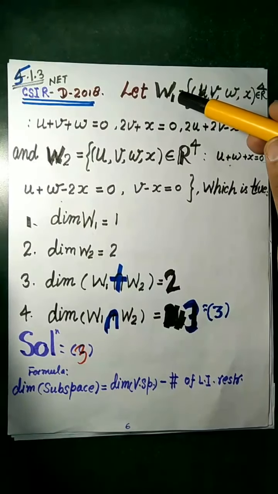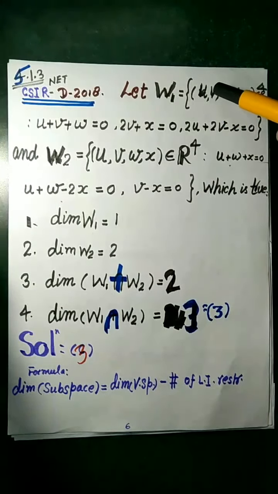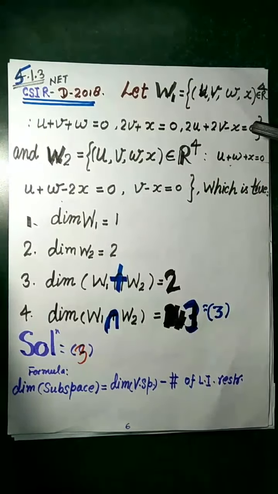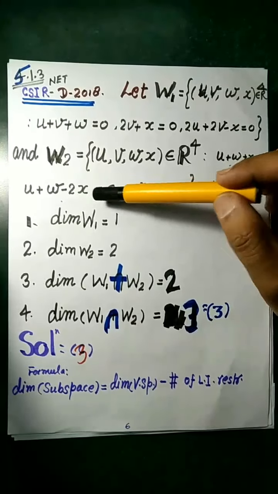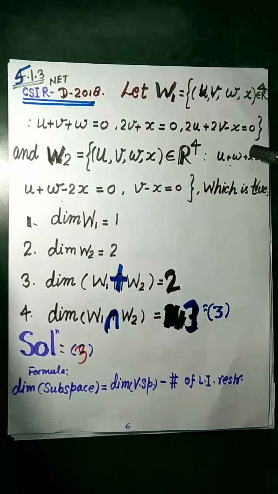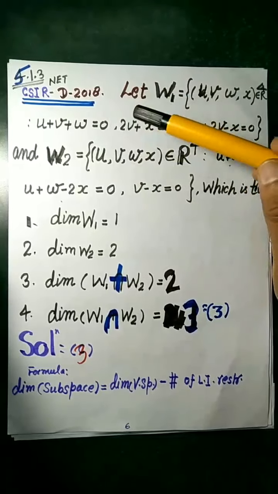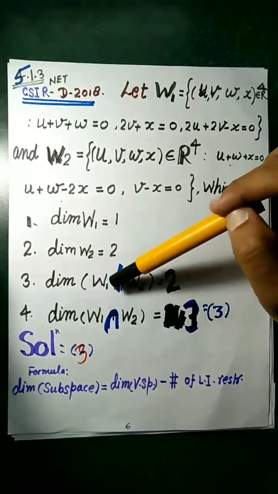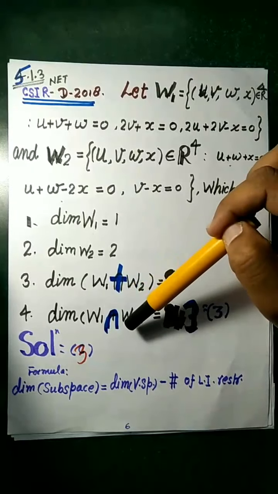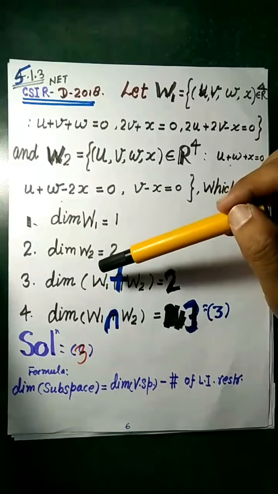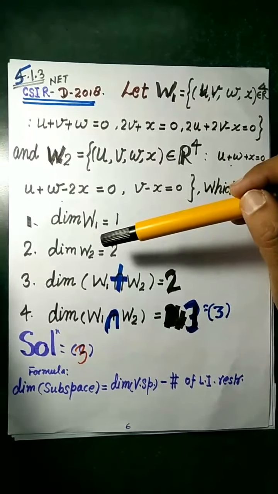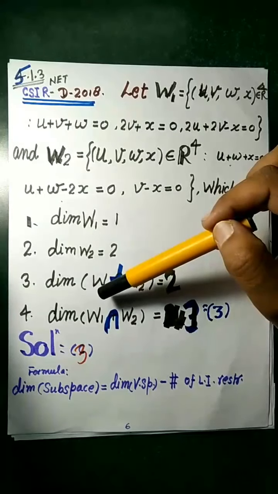W1 is the subspace of (u, v, w, x) belonging to R4, with these restrictions, some conditions, and W2 will be this one, with some other restrictions. Then we have to find the dimension of W1, W2, W1 plus W2, and the dimension of W1 intersection W2. These are the options. We have to select the correct option out of these.